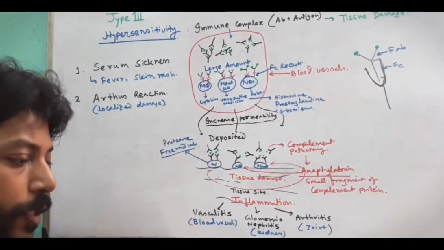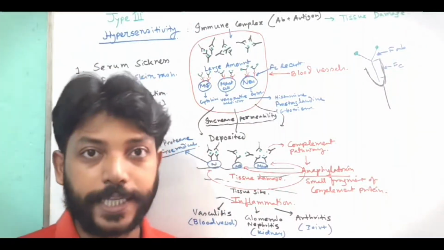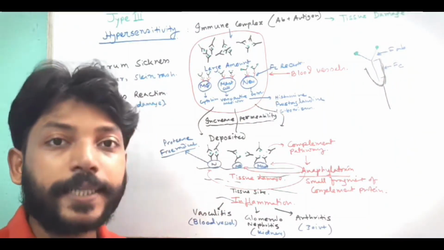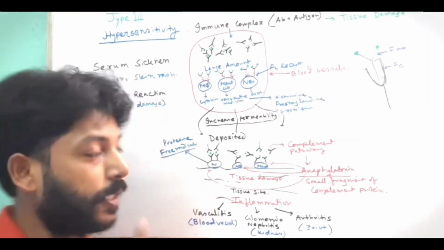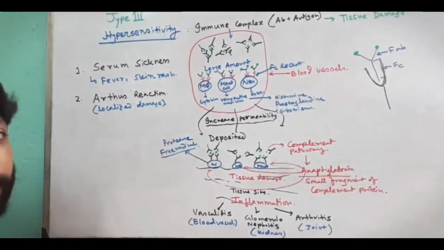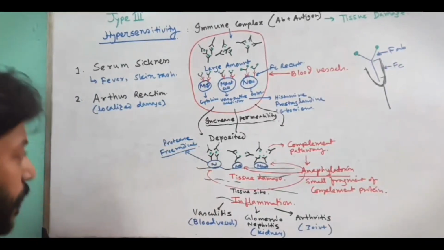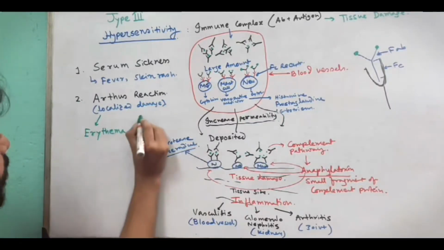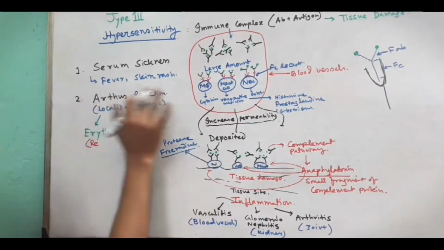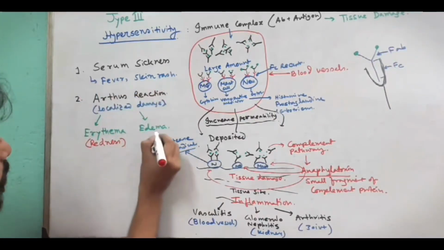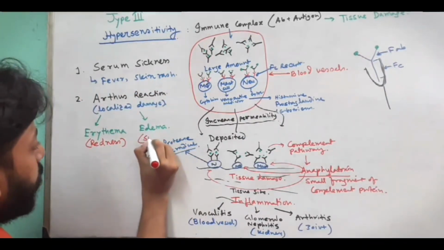And let's assume if any individual is bitten by an insect, they will immediately develop type 1 hypersensitivity, but later, 4 to 10 hours later, they could develop this Arthus reaction. The symptoms of this Arthus reaction are erythema and edema. This is also localized tissue damage. Erythema means redness, so when there is an Arthus reaction, there will be redness, and edema means swelling.